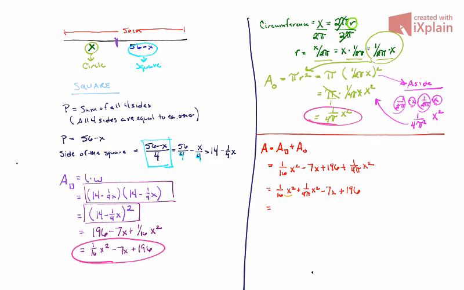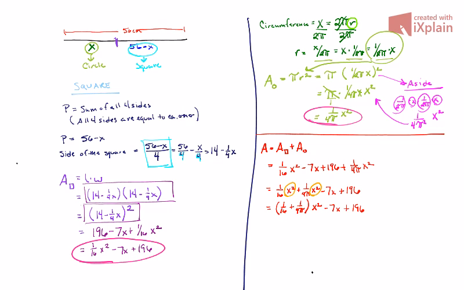Notice that one term has an x squared and another one also has x squared. So this permits me to factor out the x squared. This leaves me with 1/16 plus 1/4 pi, times x squared. If you're not sure this means the same thing, distribute that x squared back to both terms.